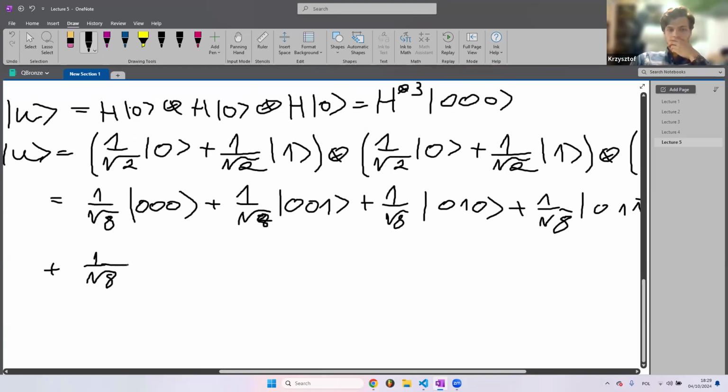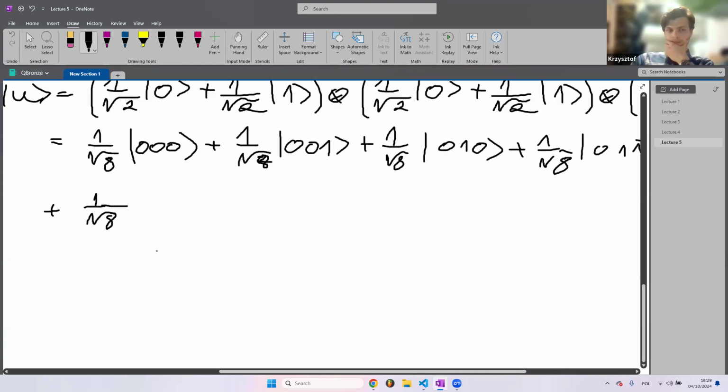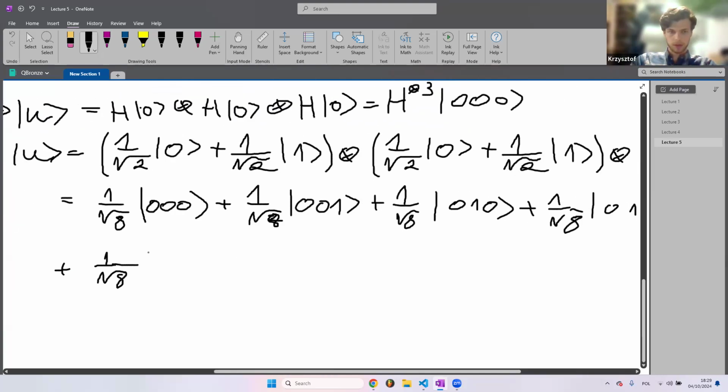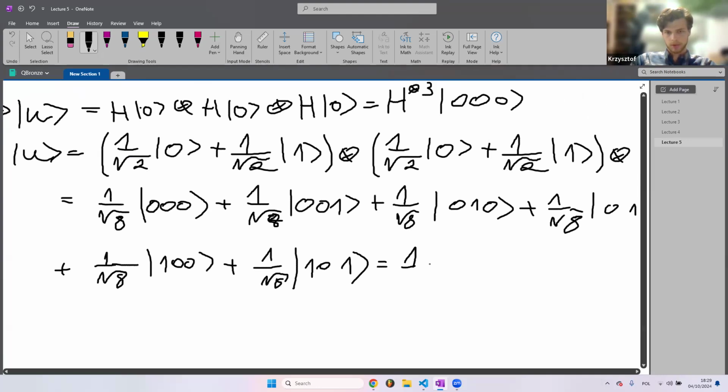1 over square root of 8, we have 0, 1, 1. Then 1, 0, 0. Plus 1 over square root of 8, 1, 0, 1. Plus 1 over square root of 8, 1, 1, 0.